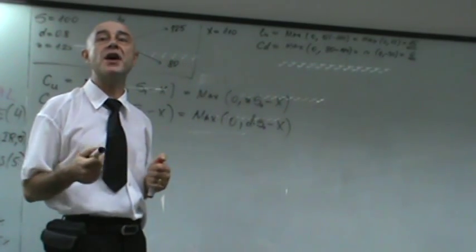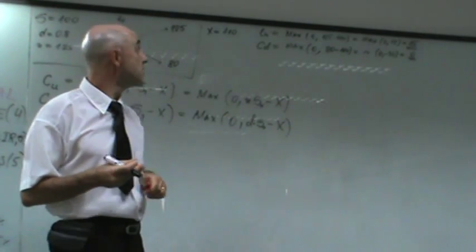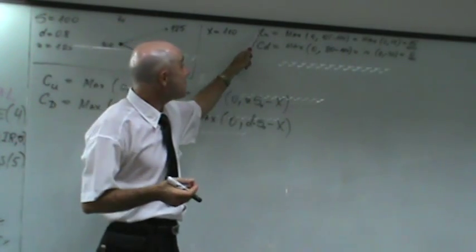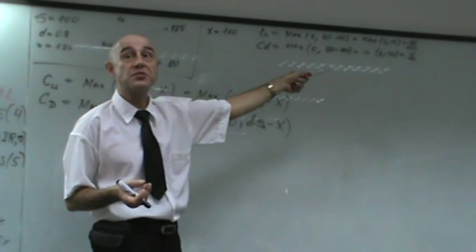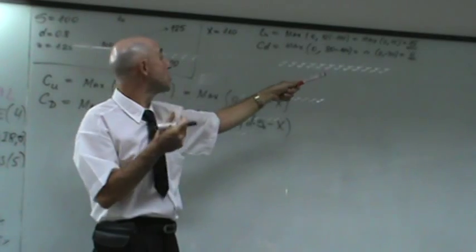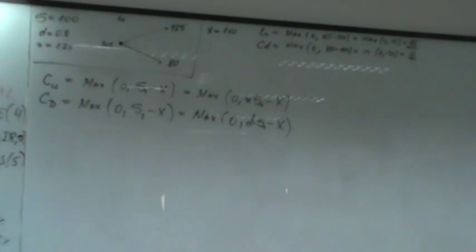The option expires worthless. So if it goes up, the option is worth 15. If it goes down, the option is worth 0 at a strike price of 110.